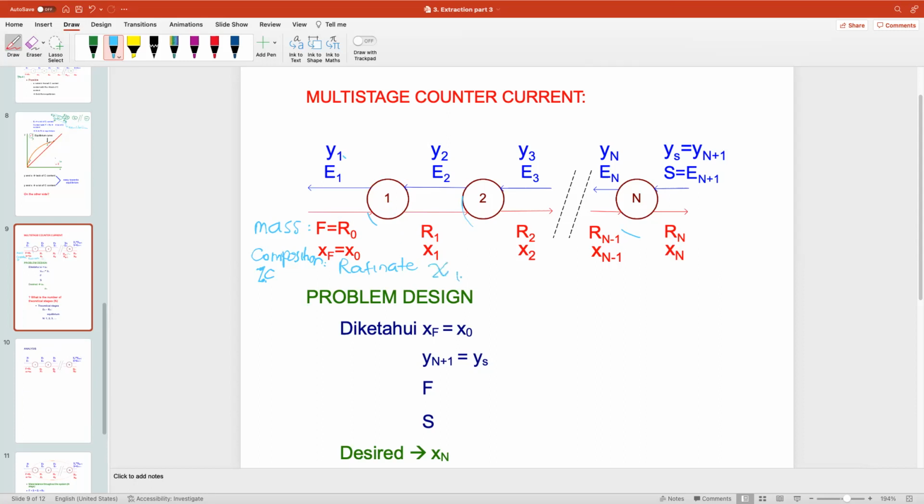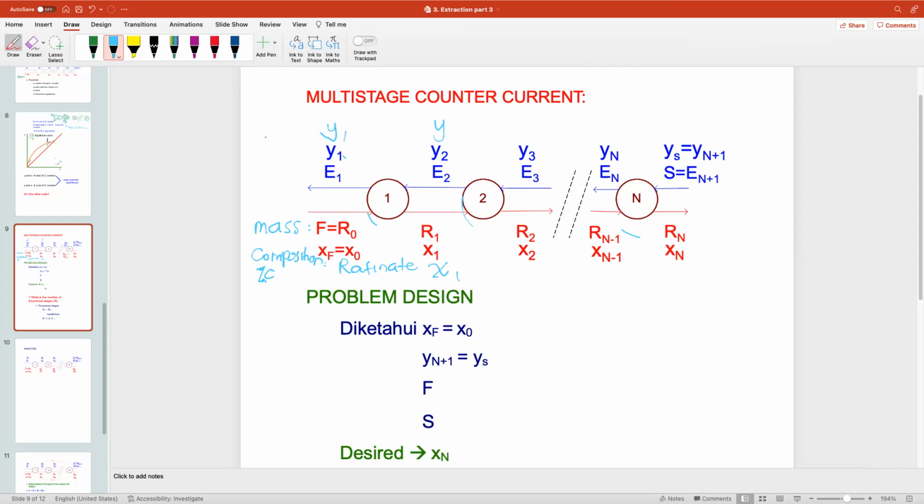Why we have to use small x and also small y is because next week we will also learn the solvent-free basis, like in absorption, so we will use another notation. Okay, and then it will contact with the Y2, and then it will end up with the X1 and also the Y1.